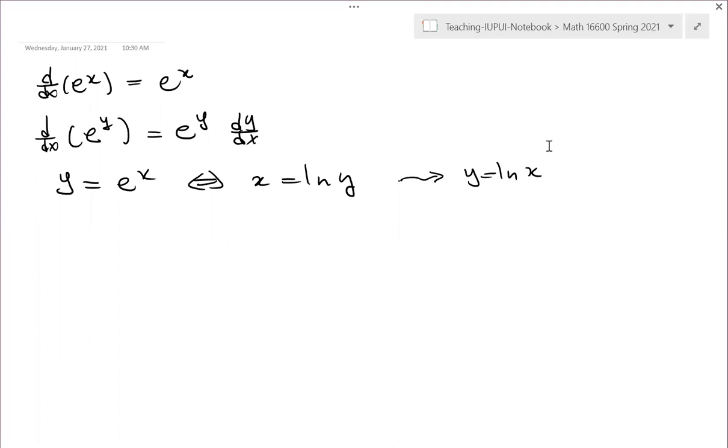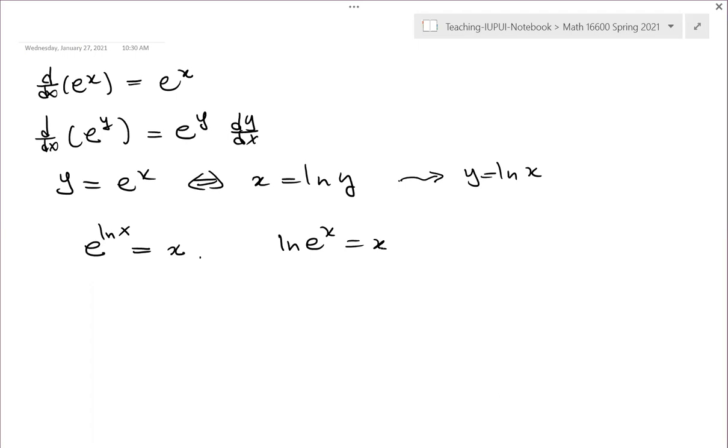Since they are inverse to each other, you have two identities. e to the natural log of x is going to be x, and then another one is natural log of e to the x is going to be x.